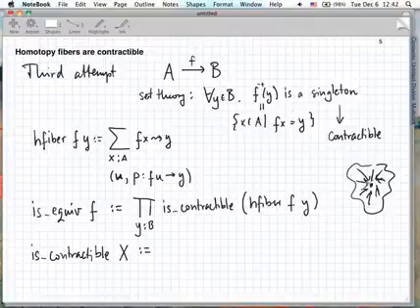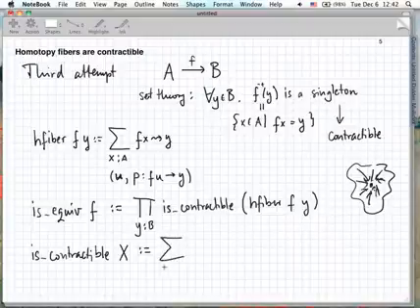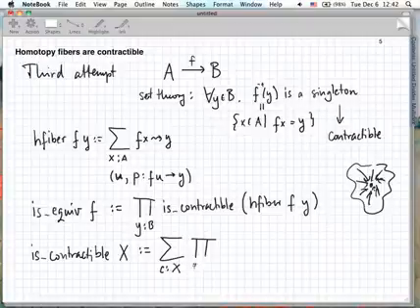Or in homotopy theory, what you say is this. Let's call this point here C. This is the center of contraction. So it says there is a center of contraction such that every other point has a path to it.